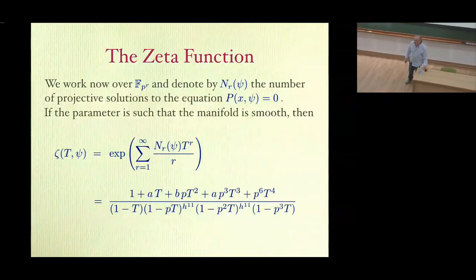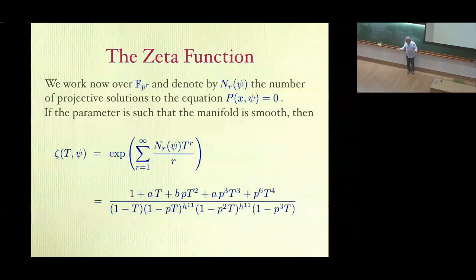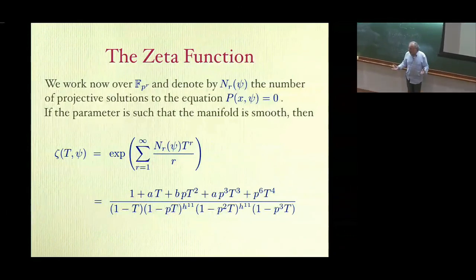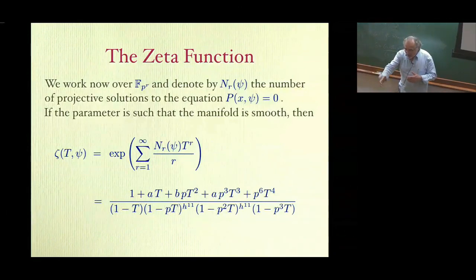But what is true is that you have a one-parameter family, you have a zeta function factor, which when the manifold is smooth, is of degree 4. As soon as the space becomes singular, it goes down to a linear term times a quadratic term, and the quadratic term is related to a modular form.